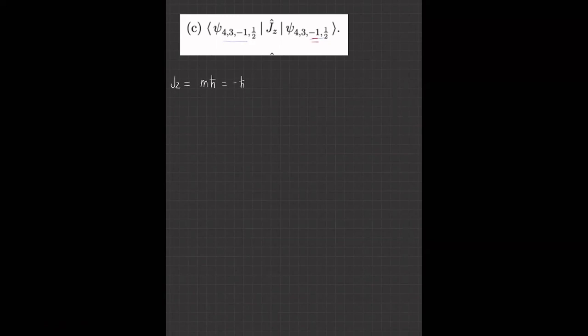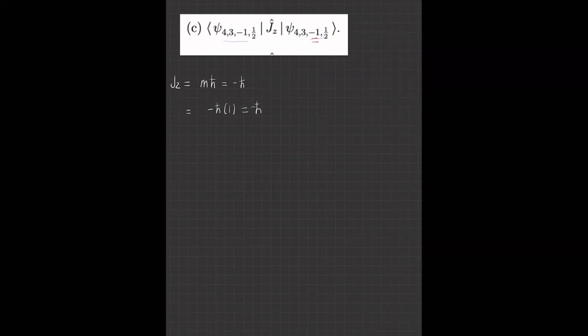Since we're left with a constant, because this is an eigenfunction of the operator, we're just left with negative h bar times 1 because they're normalized, and this is equal to negative h bar.